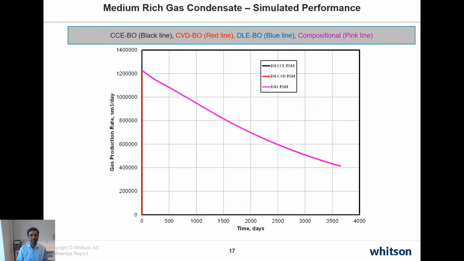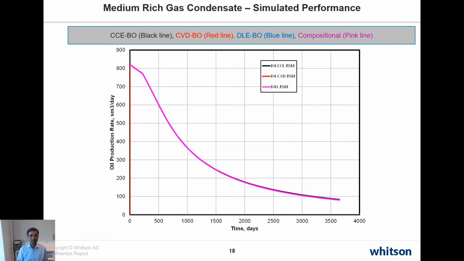Now going through the individual plots, this is the gas production rate for CCE, CVD and compositional, which are quite close. This is the oil production rate, similar for CCE, CVD and compositional.